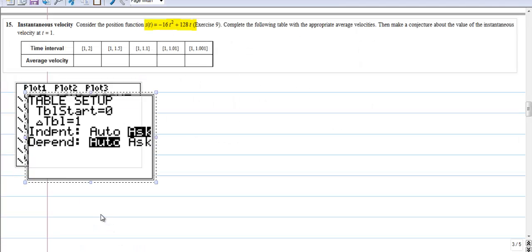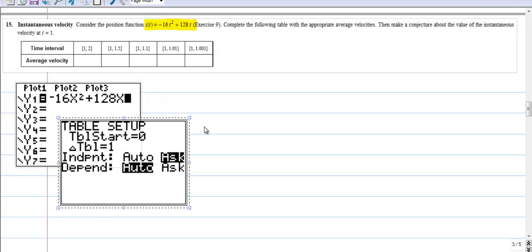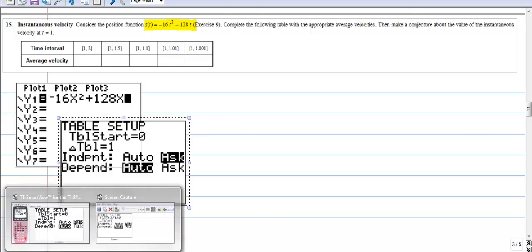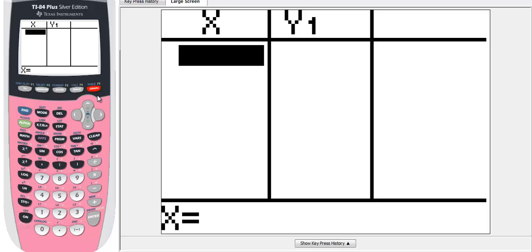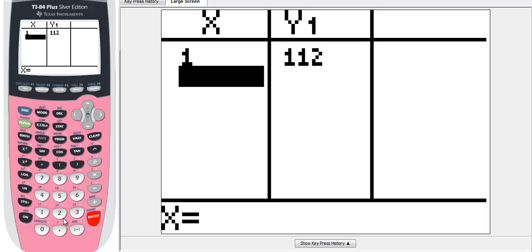I'll try to do that more smoothly next time. But what it does by ask here is now when I go into my table, notice I'm not even looking at the graph, but when I go straight into my table, it leaves it blank. And so I can figure out what these values are.